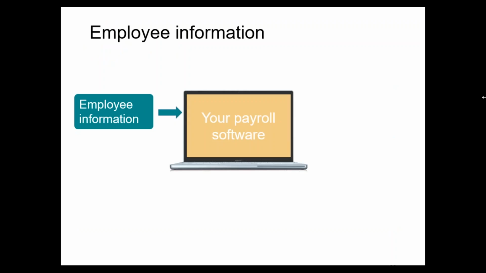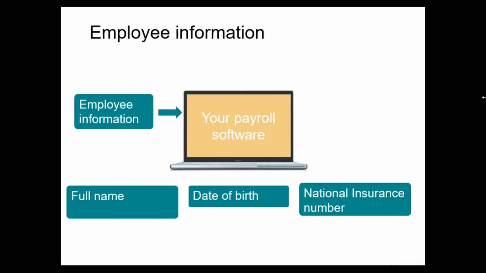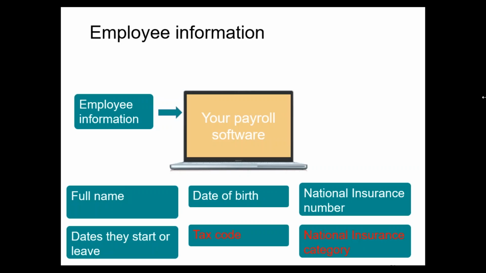The information you record about your employees includes things like their name, date of birth and national insurance number, the date they start work with you and the date they leave, their tax code and their national insurance category.